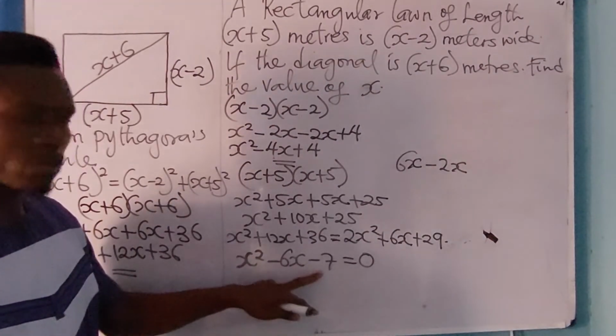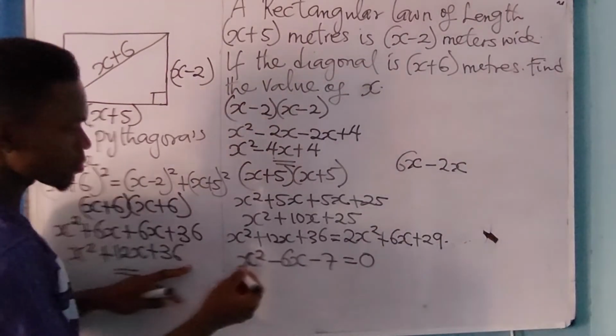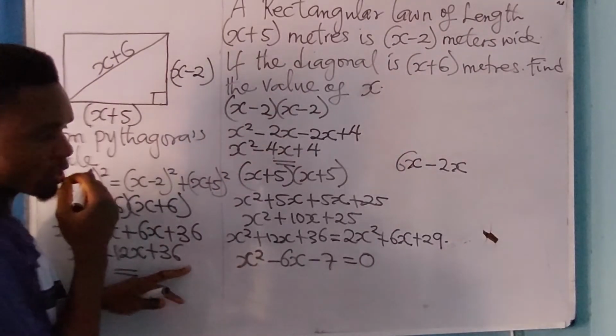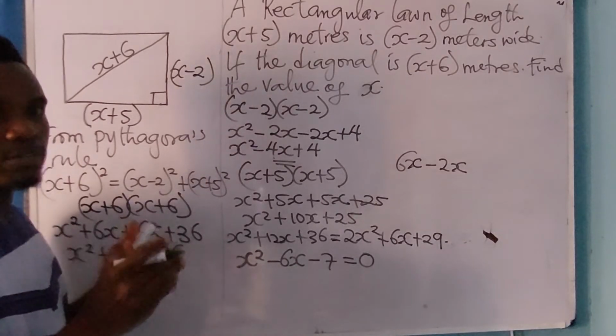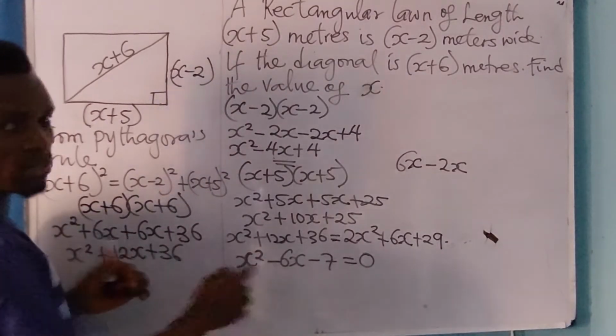Now that you've gotten to this point, what will you do? You look for two numbers such that when you multiply them, you get 7, and when you do the sum or difference of those two numbers, you get 6x.